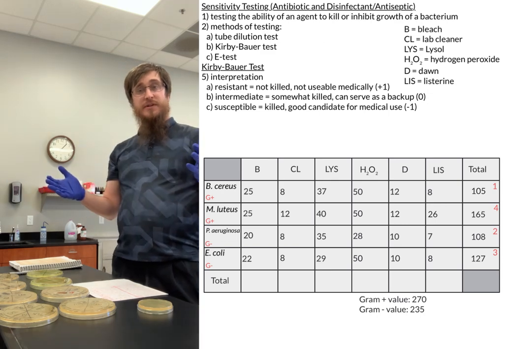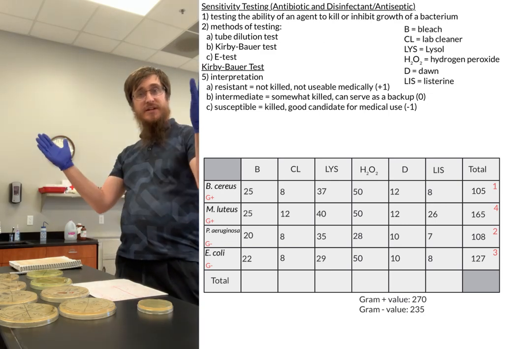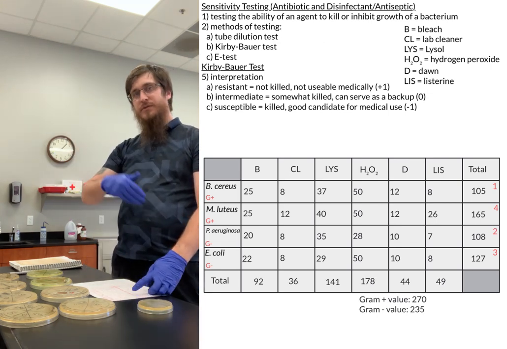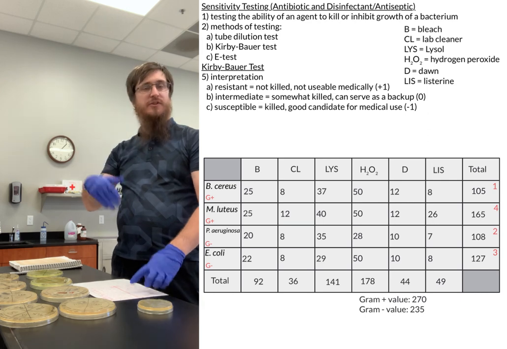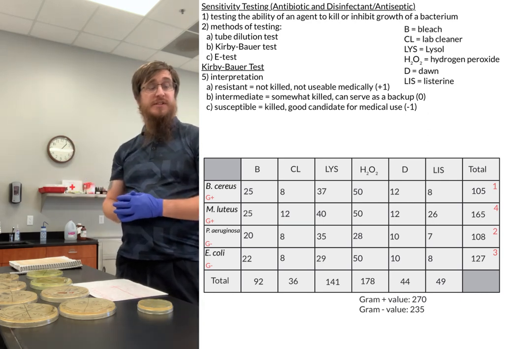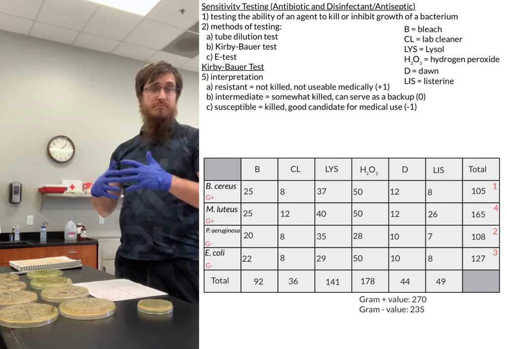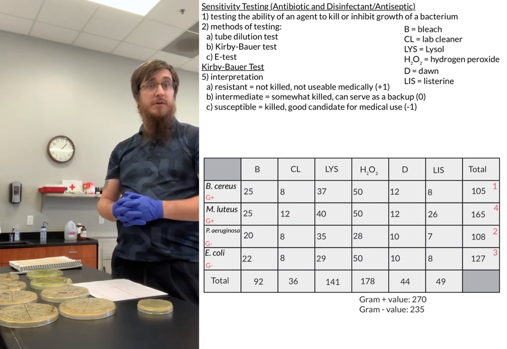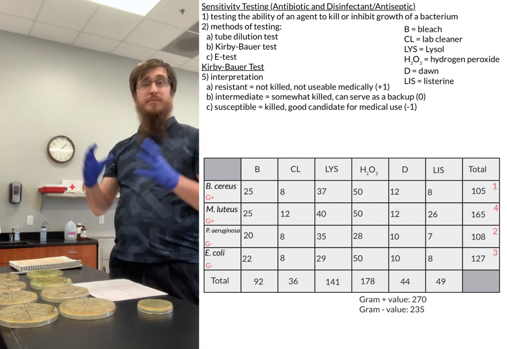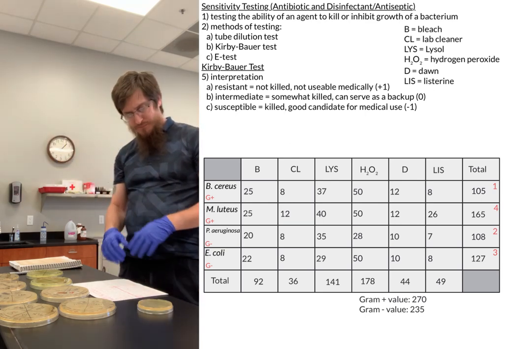The last thing we're then going to do is look at this from the agent side of things. So I would go through, I would take all of my bleach numbers, put them together, all of my cleaner numbers, all of my Lysol, and so on and so forth. And now I can look at all my total numbers at the bottom and basically say which one of these is going to be the biggest number, because now we're looking for bigger, meaning more inhibition, meaning our agent worked better.